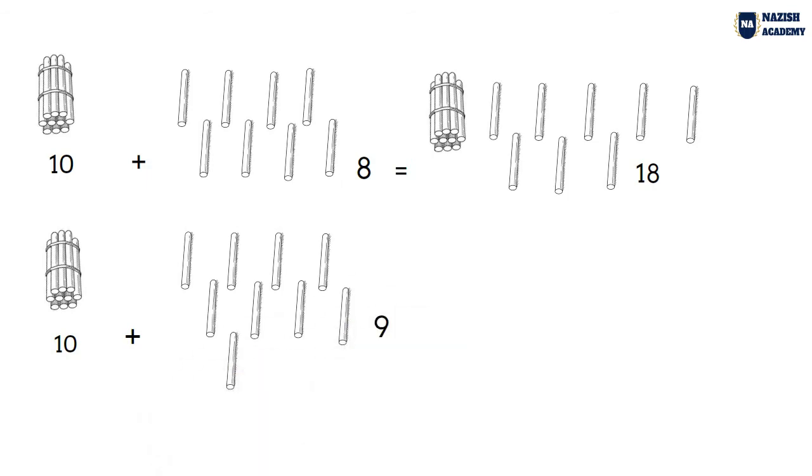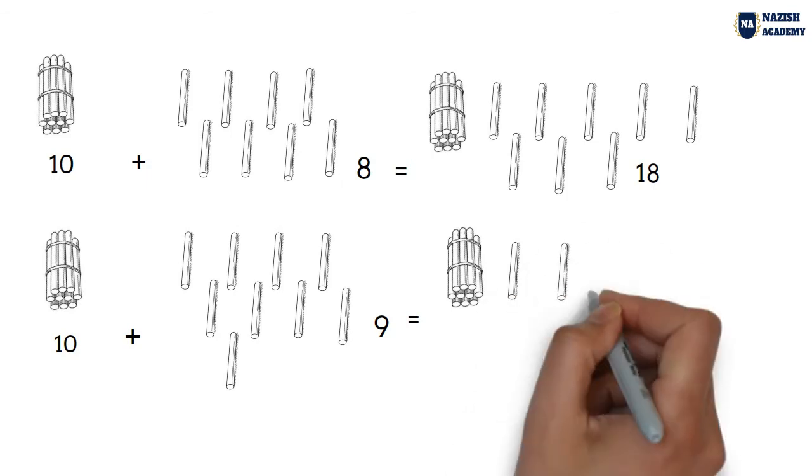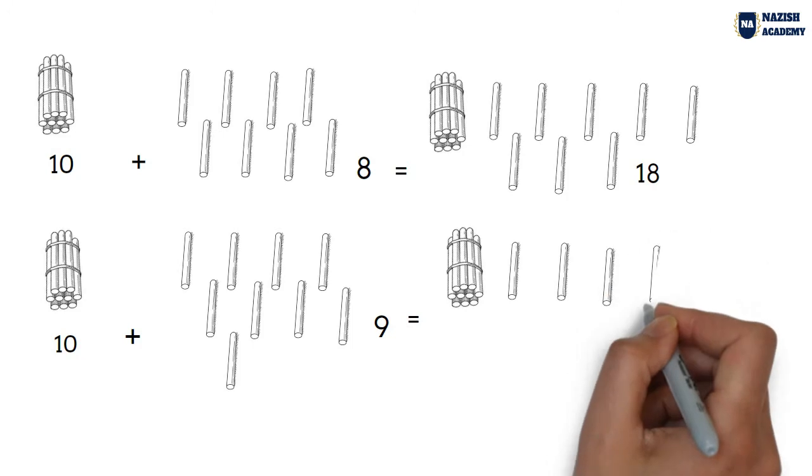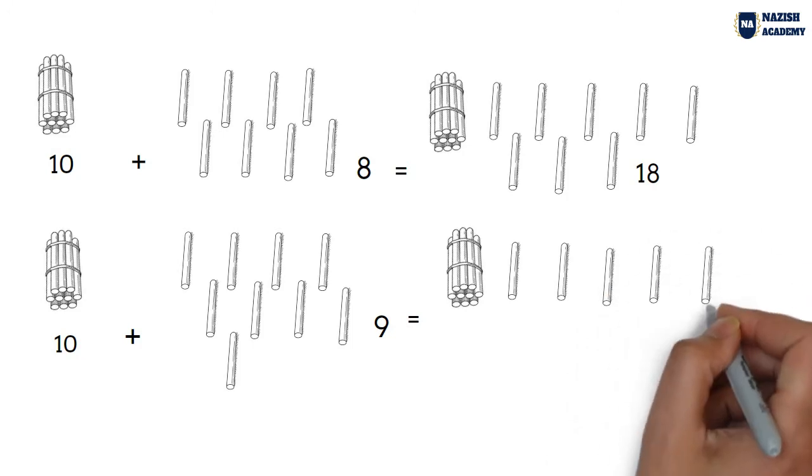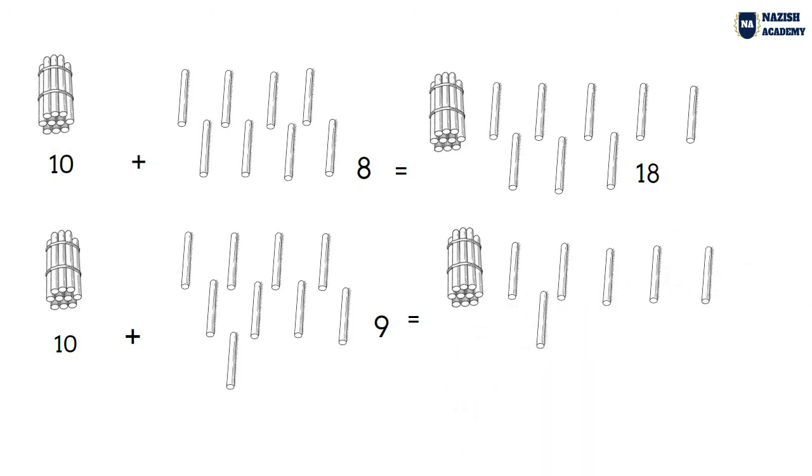Then I get 10 sticks and 9 more sticks. It means I got 19 sticks. Let's see, 10 plus 9 is equal to how many? 19.